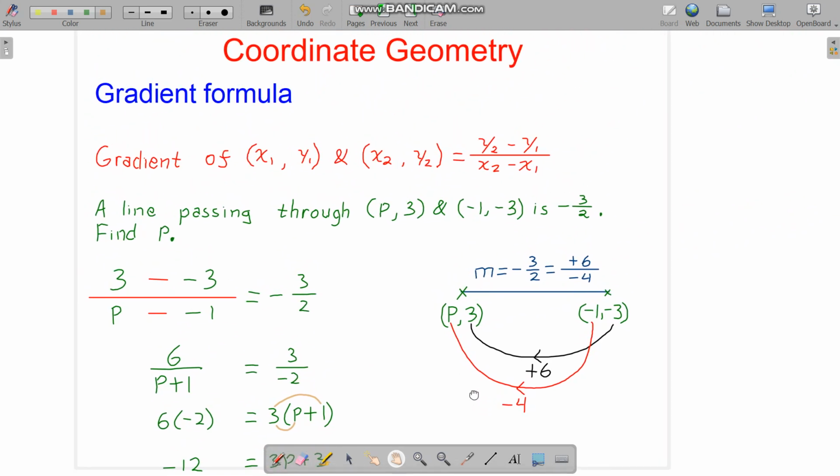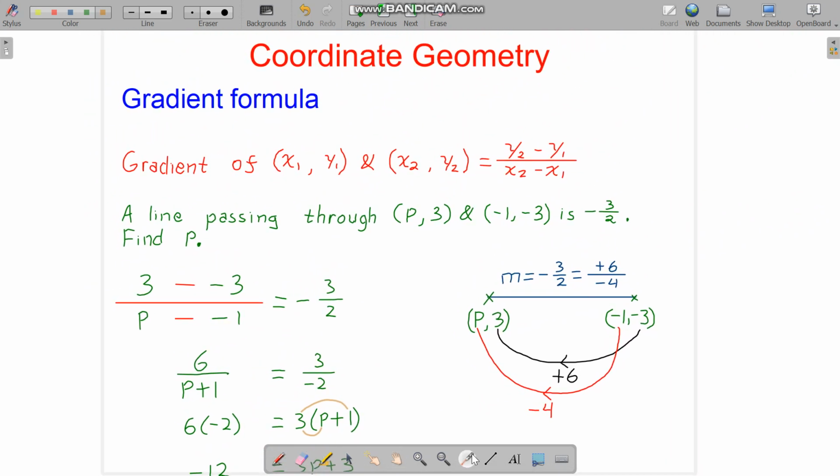Alternatively, again, without using any formulas, you can just look at the logic here. The first point is (P, 3), the second point (minus 1, minus 3). Now the gradient minus 3 over 2 can be plus 6 divided by minus 4. So if you look at the pattern from right to left, minus 3 to 3, we have to add 6.